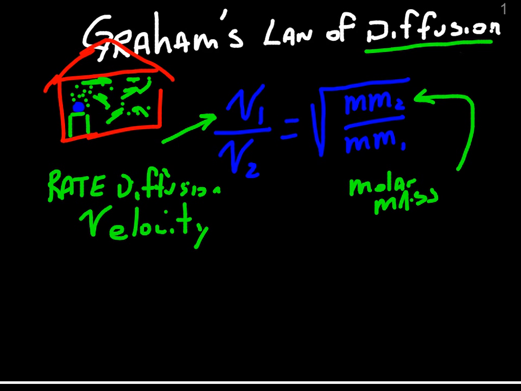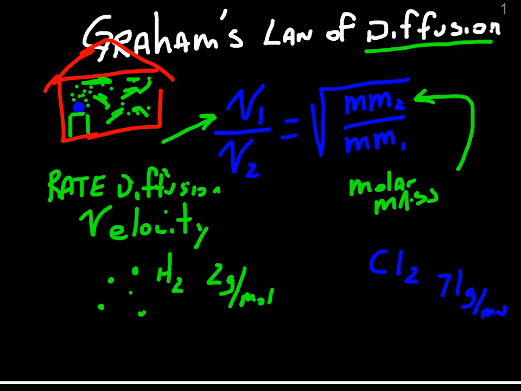Basically, if you are a really light gas particle, let's say hydrogen, H2, and then you have a really heavy gas like chlorine, Cl2. Hydrogen's GFM is 2 grams per mole because it's a molecule in its elemental state. Chlorine's GFM is going to be 71 grams per mole.